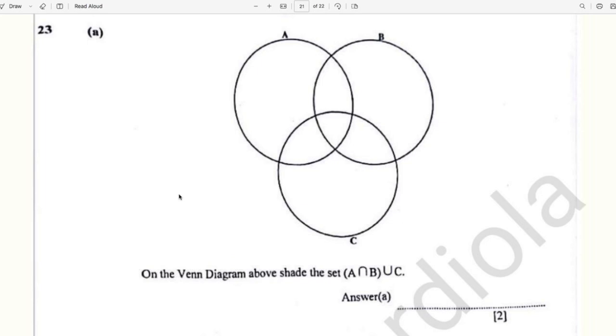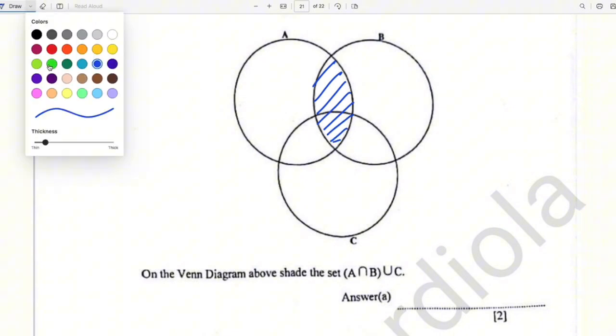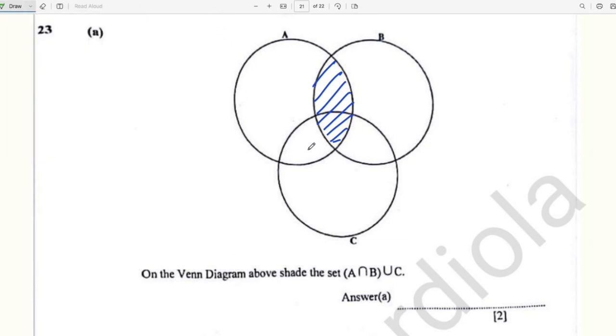Question 23 is a set problem. On the Venn diagram, draw or shade the set A intersection B, in brackets, union C. Firstly, A intersection B is the whole area that I've shaded in blue. And then A intersection B unioned with C means that all the elements of set C are supposed to be there.